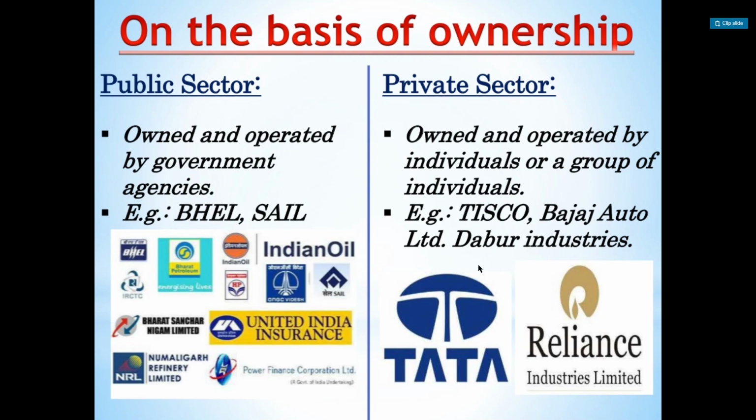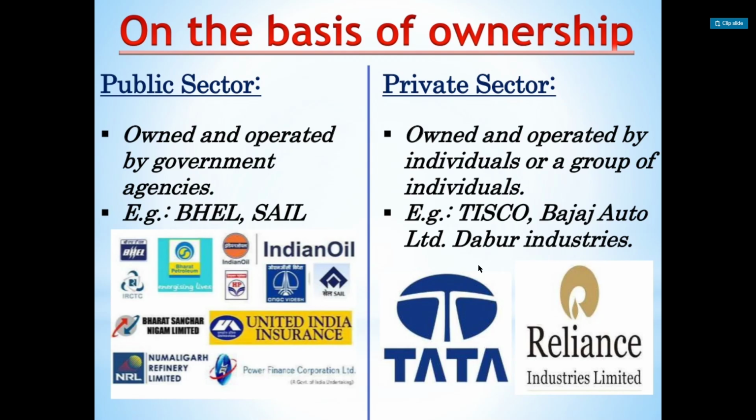The public sector is not for self profit. It is for the public, for the citizens of a country. And the private sector is for self profit because it is owned and operated by individuals or a group of individuals. But the public sector is operated by government agencies.